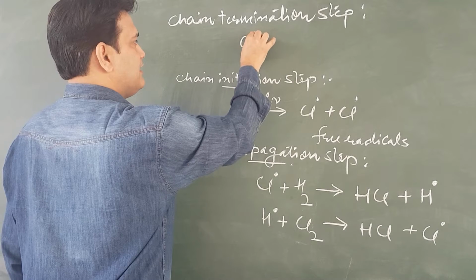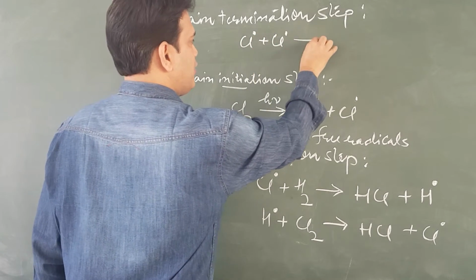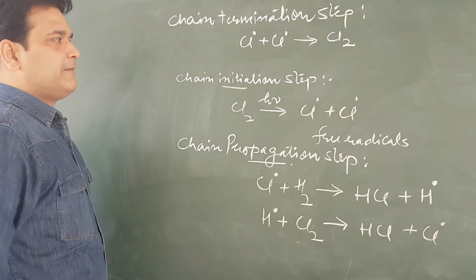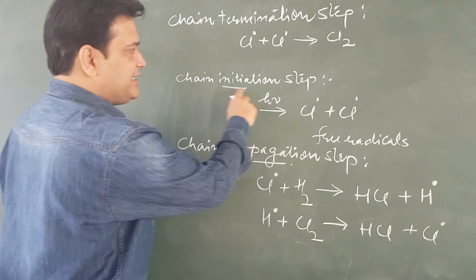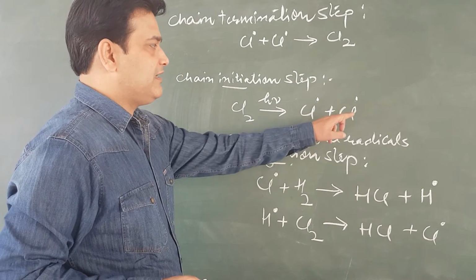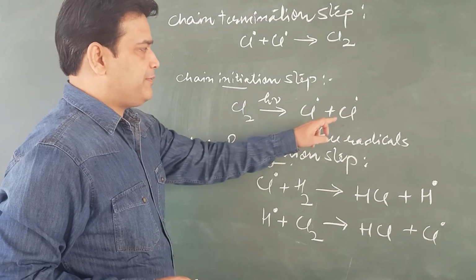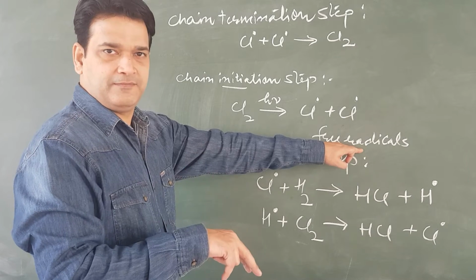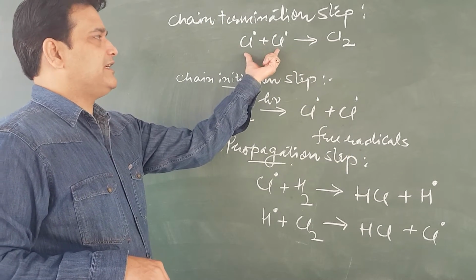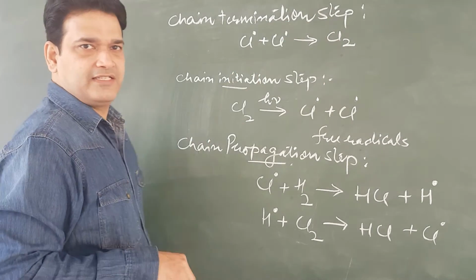Cl dot plus Cl dot will change into Cl2. Obviously, in the initiation step, Cl dot means chlorine free radical. So in the initiation step, chlorine free radicals were formed, and in the termination step, those free radicals are combined to form chlorine gas.